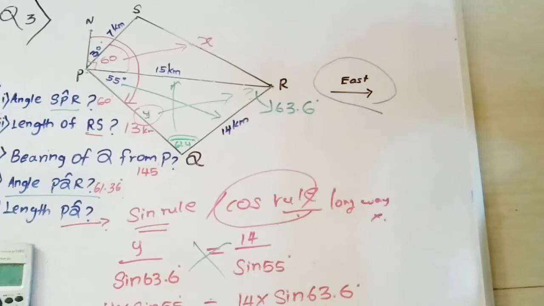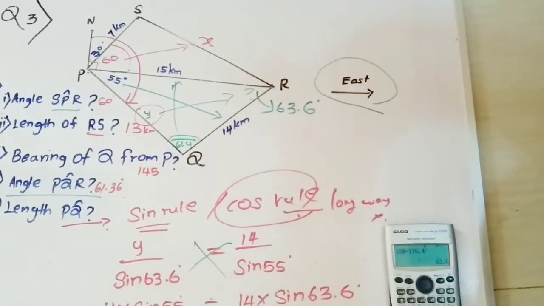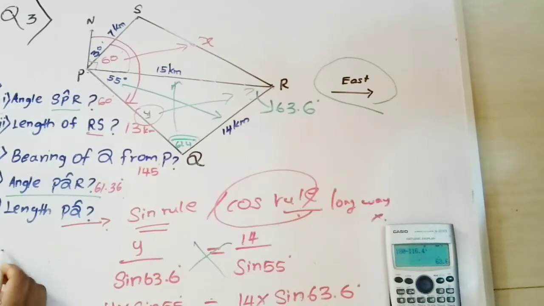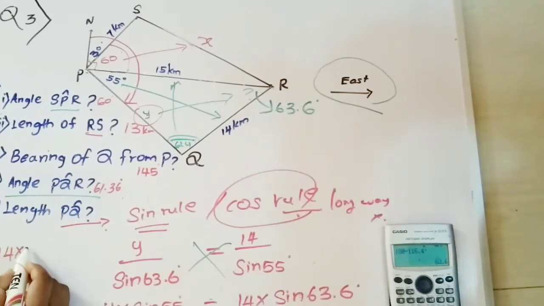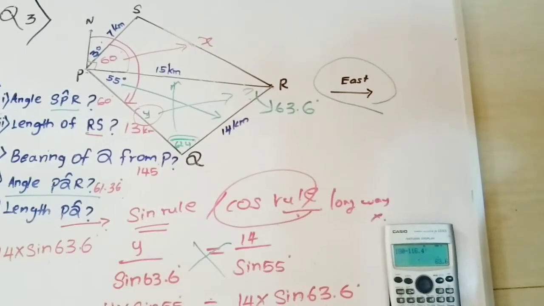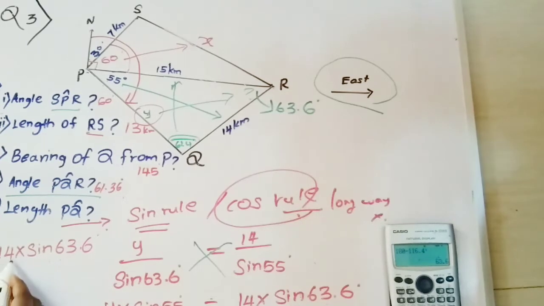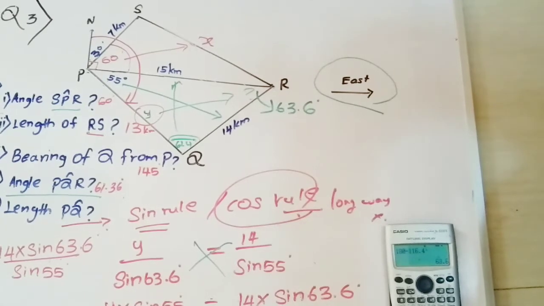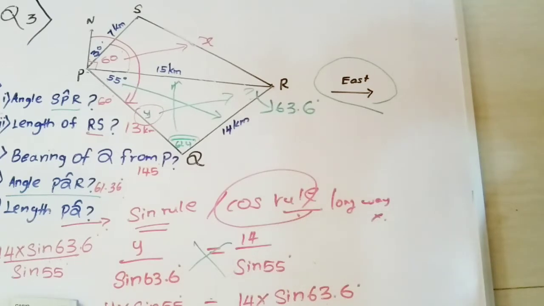Y equals 14 into sine 63.6 divided by sine 55. Make Y the subject. Y equals 14 into sine 63.6 over sine 55. We'll calculate and find the answer.